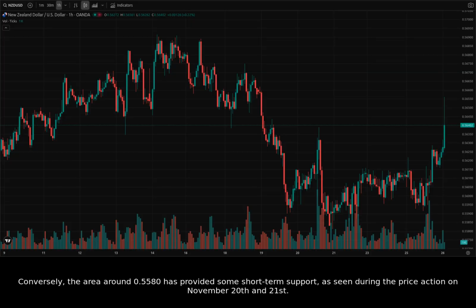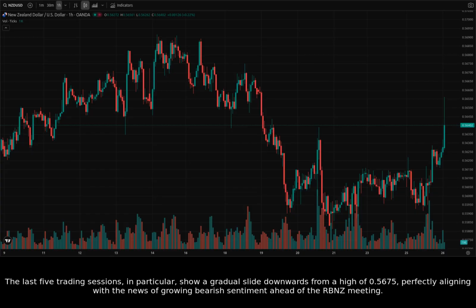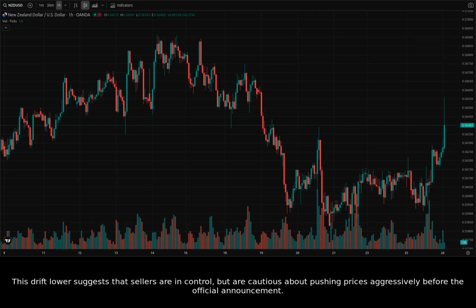Conversely, the area around 0.5580 has provided some short-term support, as seen during the price action on November 20th and 21st. The last 5 trading sessions, in particular, show a gradual slide downwards from a high of 0.5675, perfectly aligning with the news of growing bearish sentiment ahead of the RBNZ meeting. This drift lower suggests that sellers are in control, but are cautious about pushing prices aggressively before the official announcement.